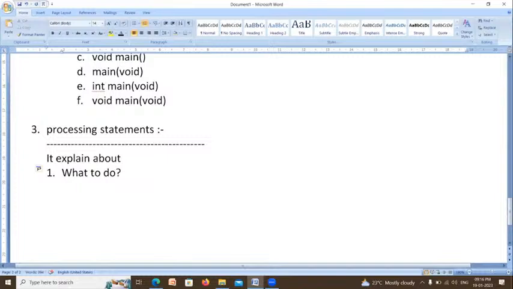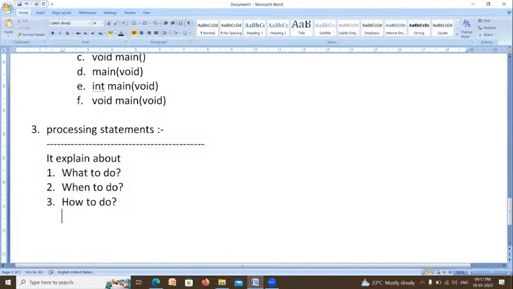Second one, when to do this task. Third one, how to do, how we need to solve this program. What we have to do, when we have to do, how we have to do. Processing statements explain these 3 things.